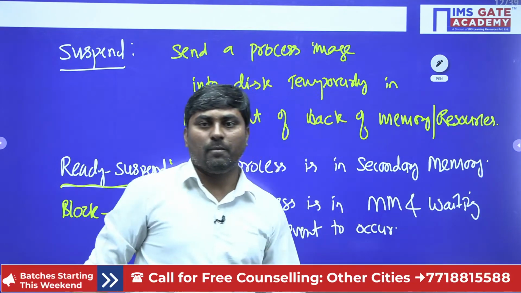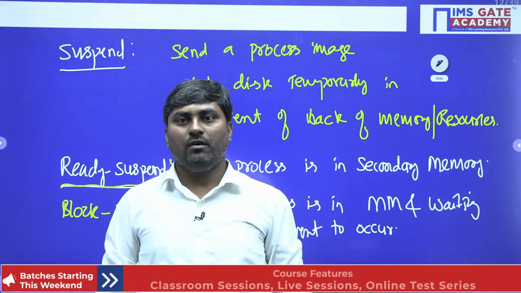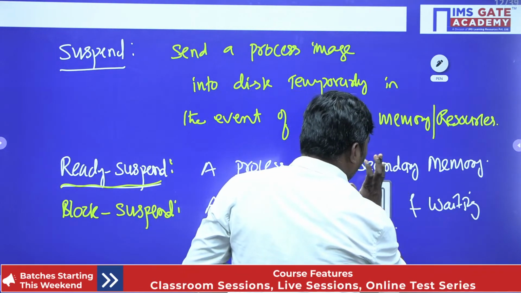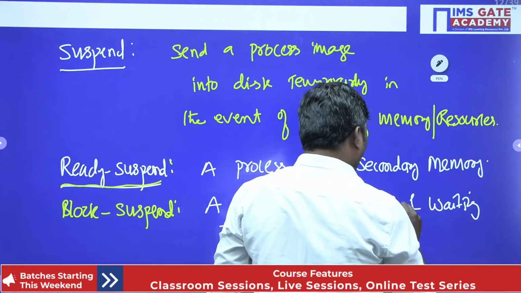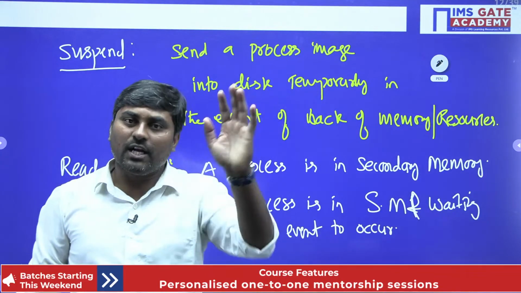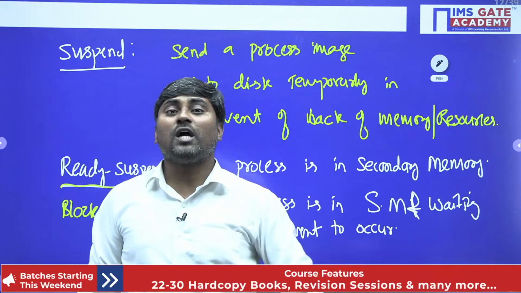Okay, when I say a process in block suspend, sorry, this is also secondary memory only. The blocked process we send to secondary memory, but its event is not satisfied.